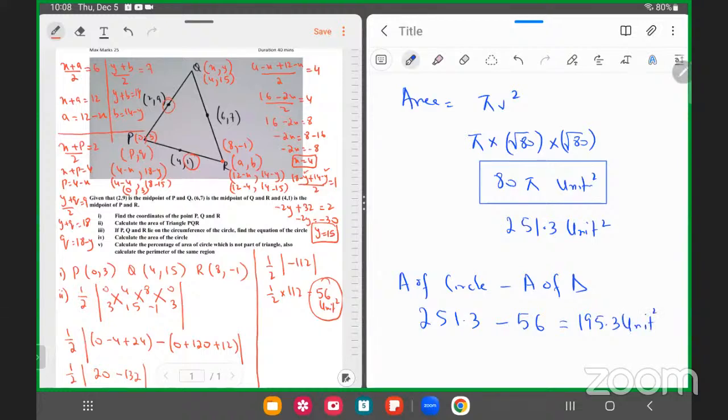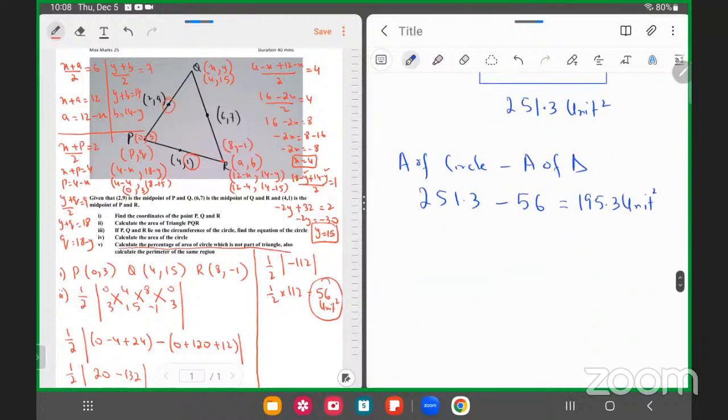So this is the area which is not part of the triangle. The percentage is 195.3 upon 251.3 times 100, which is 77.7%. So 77.7% of the circle is not part of the triangle.